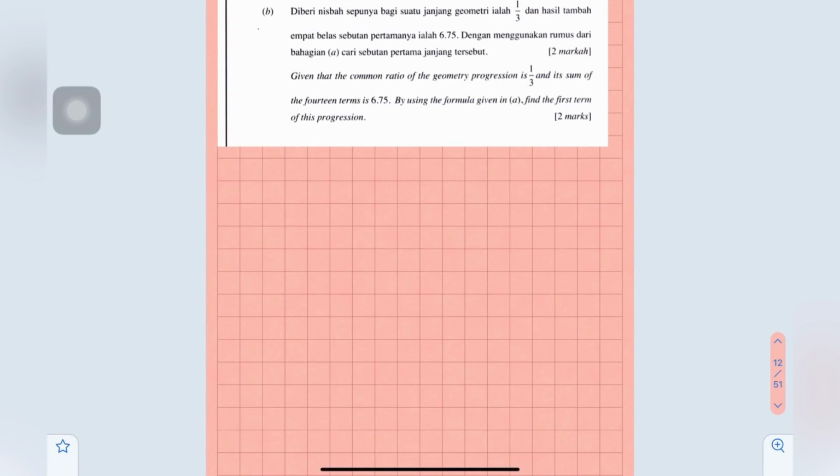B, given that the common ratio of the geometric progression is 1 over 3 and its sum of the 14 terms is 6.75. By using the formula given in A, find the first term of the progression. Okay, so now given r equals to 1 over 3 and S14 equals to 6.75. So just now dibagi Sn is a(1 minus r power of n) over 1 minus r.